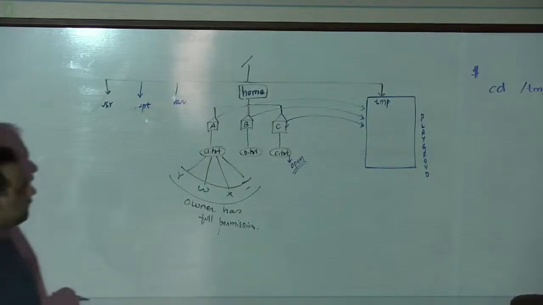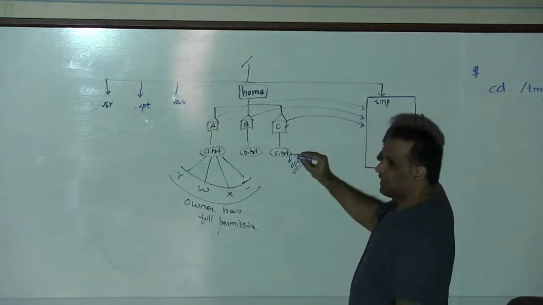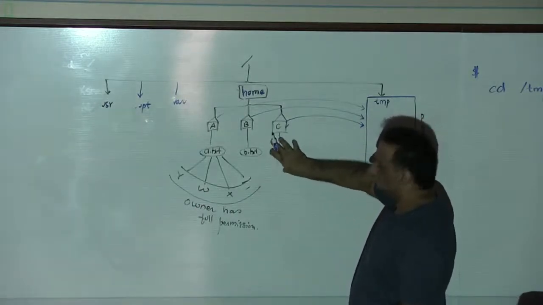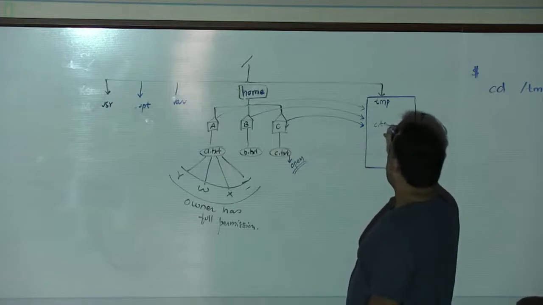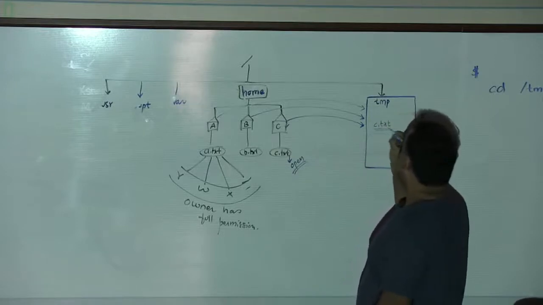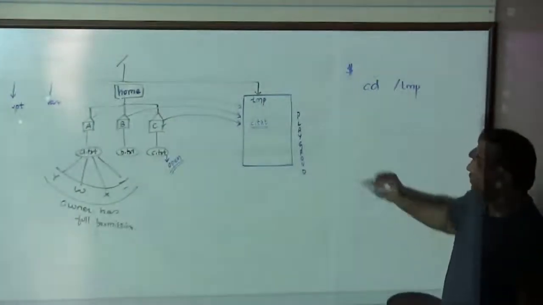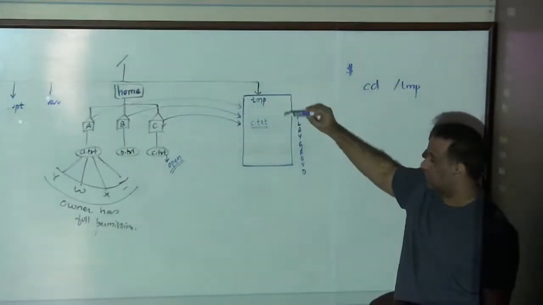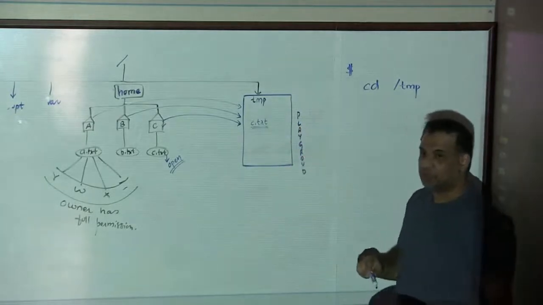Okay, so here we are saying user C wants to copy whatever contents he has. If user C has put this c.txt there, do you think everyone has access to this file now? Because everyone can get to the temp. Anyone who moves their contents in here should be able to see that as well.